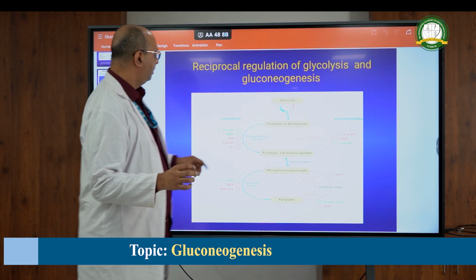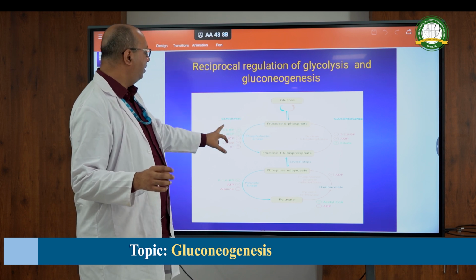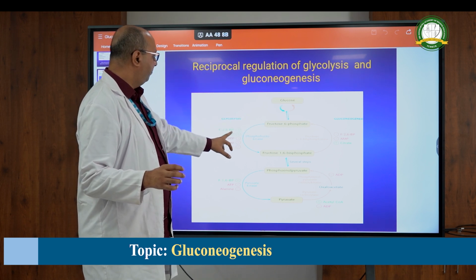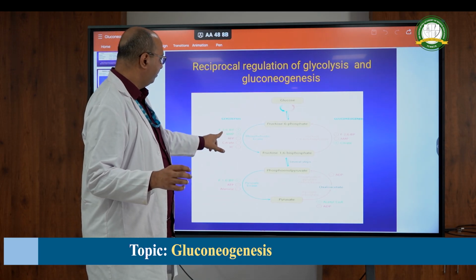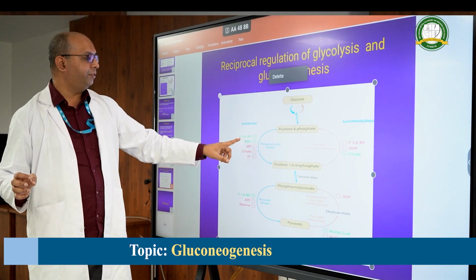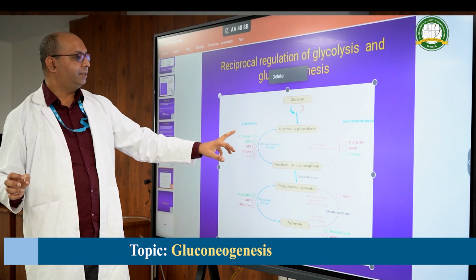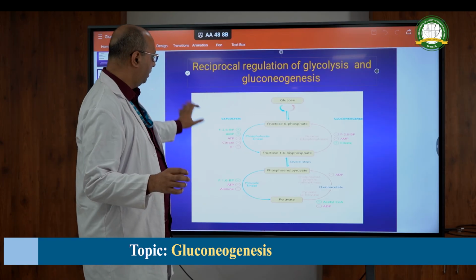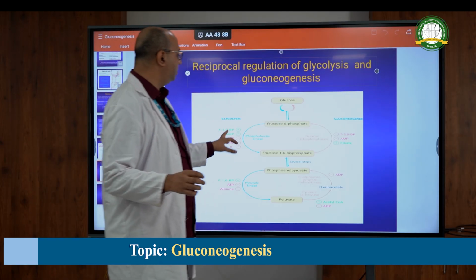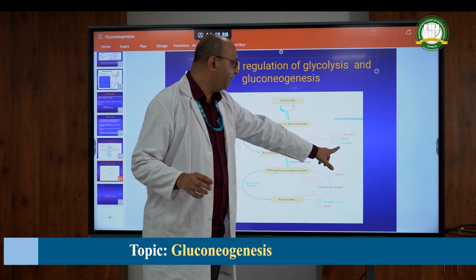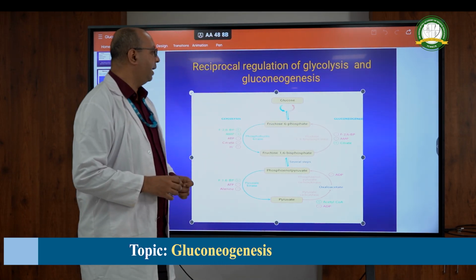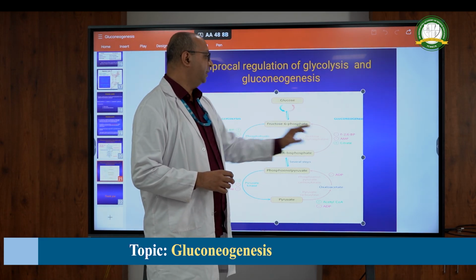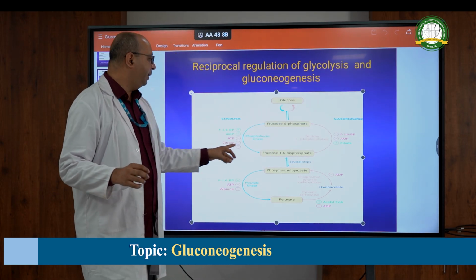Now we will see here. In glycolysis, fructose 2,6-bisphosphate and AMP are the allosteric activators. Whereas in gluconeogenesis, citrate is the allosteric activator for fructose 1,6-bisphosphatase.